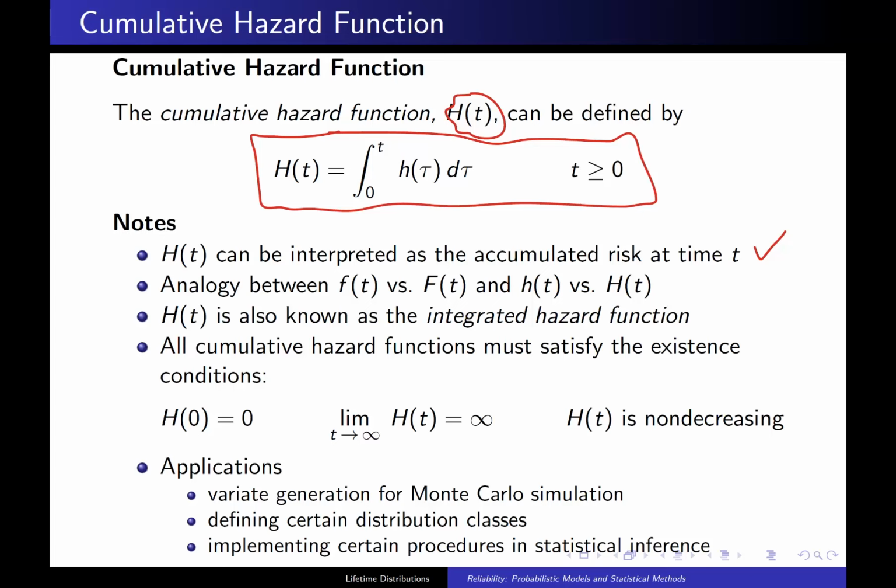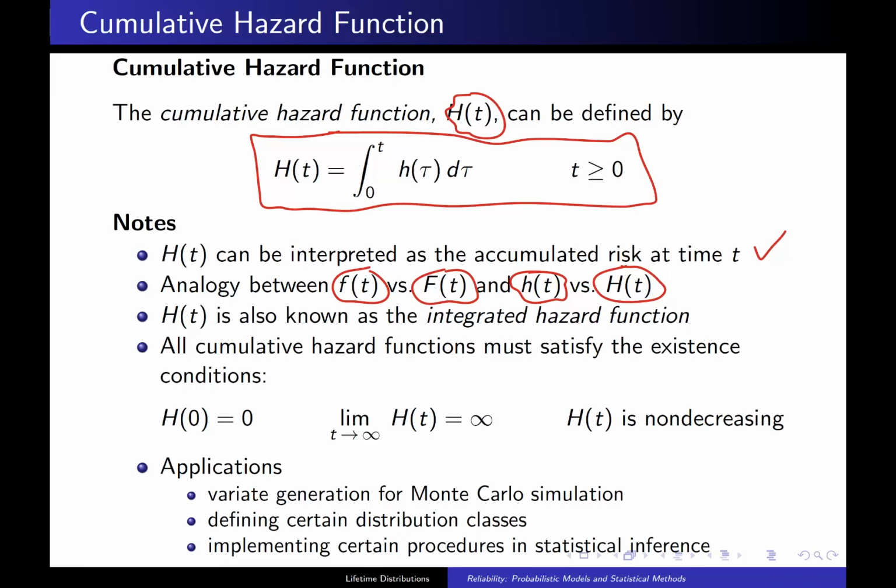There is an analogy between the hazard function and its integral, the cumulative hazard function, just like there's a relationship between the probability density function and its integral, the cumulative distribution function. Capital H of t goes by an alias. Sometimes it is known as the integrated hazard function.